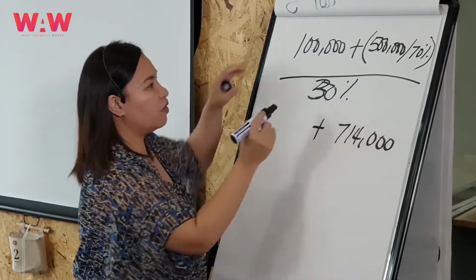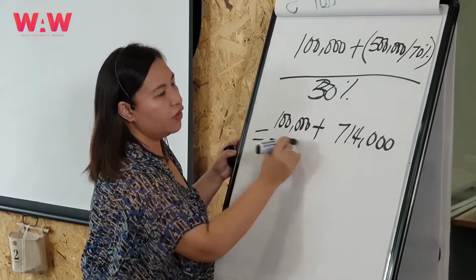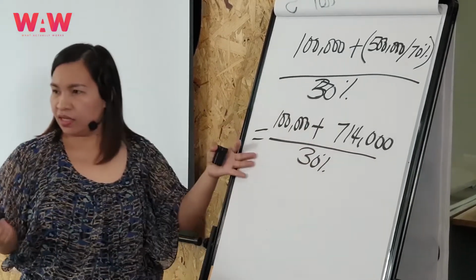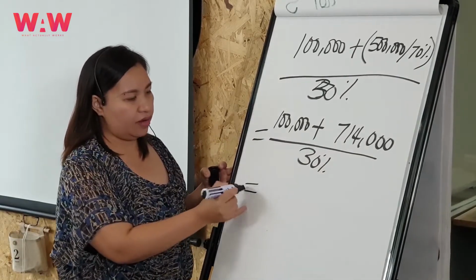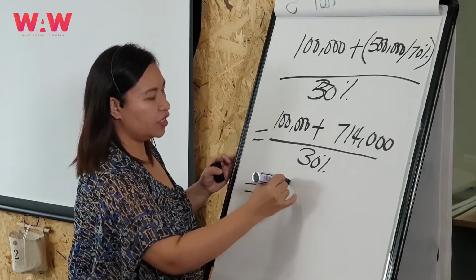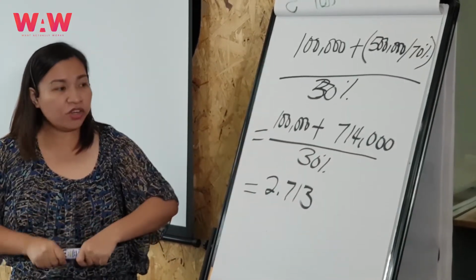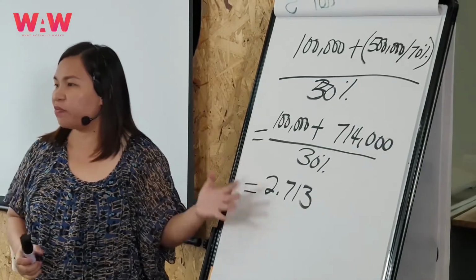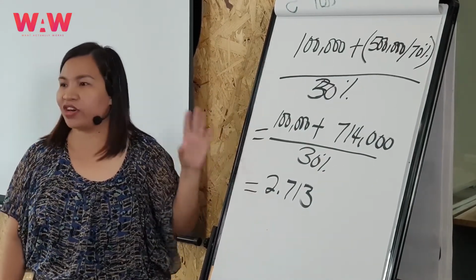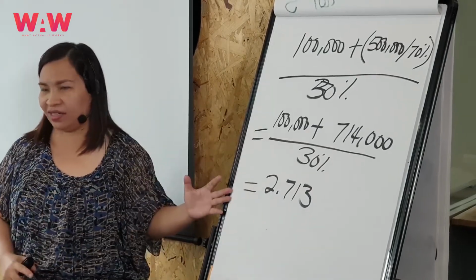And then your 100,000 fixed cost divided by 30% or 0.3. So how much is the total? 2,000,713. Because you want a desired profit net of tax, this brings your target revenue higher.